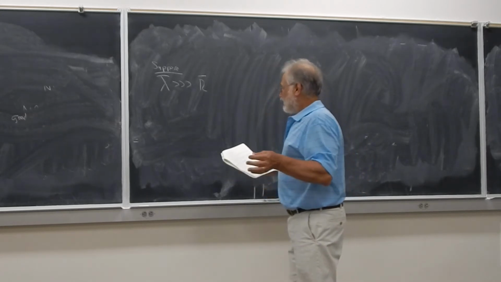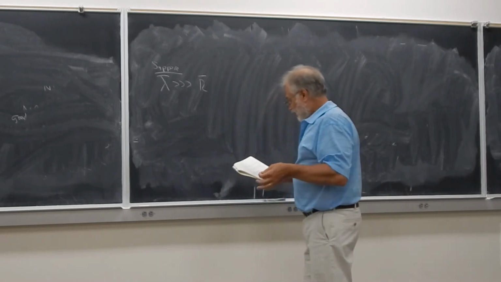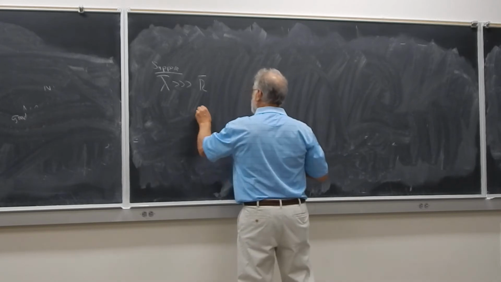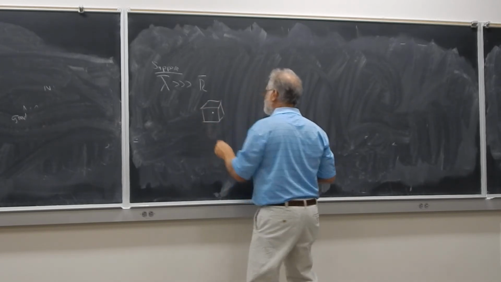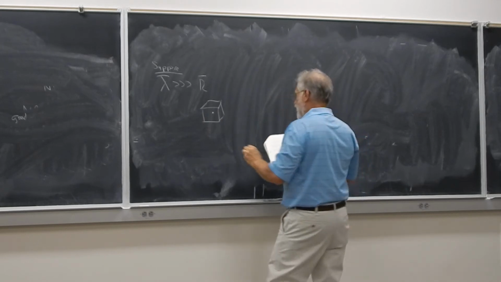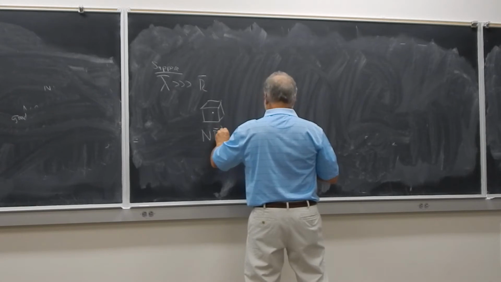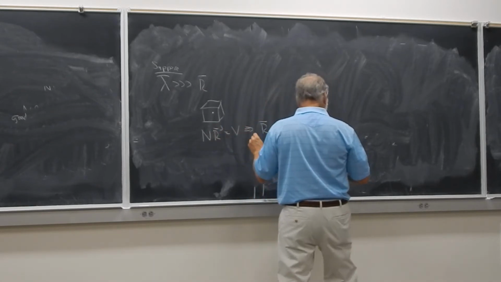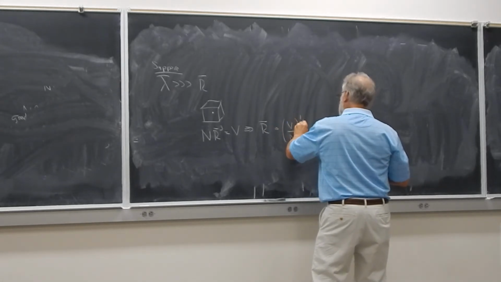Okay, let's do a for instance. So we can calculate a mean intermolecular separation if we picture each molecule at the center of a cube of side R. So I've got a cube of side R, and we put the molecule smack dab in the middle of that cube. I can say that n times R cubed would be equal to the volume, and therefore R, the mean molecular separation, I can write as V over n to the 1/3.